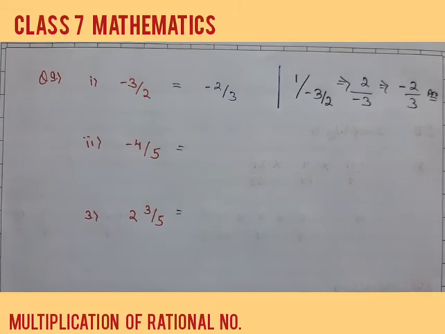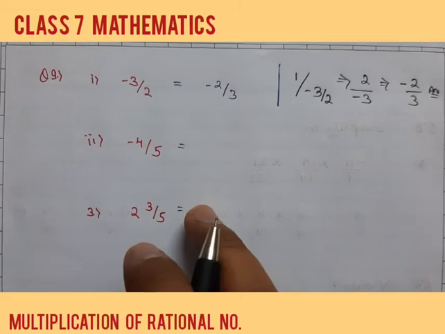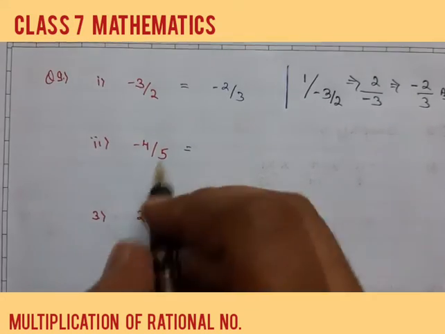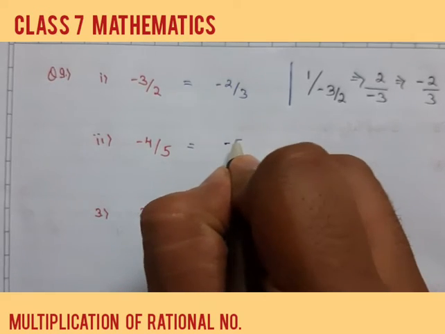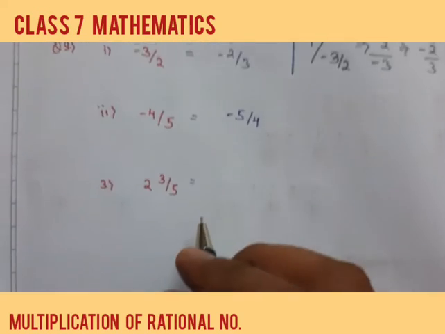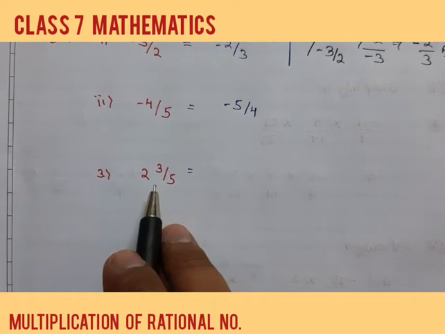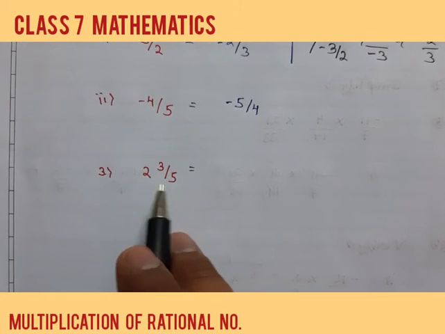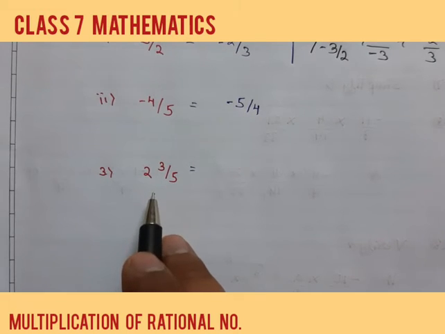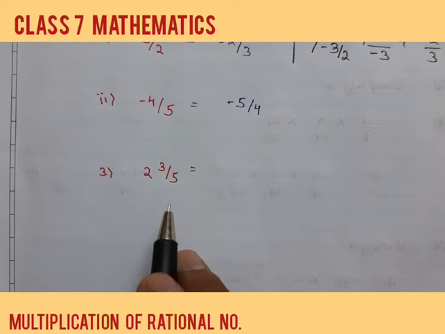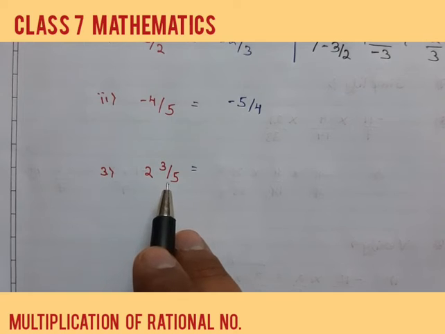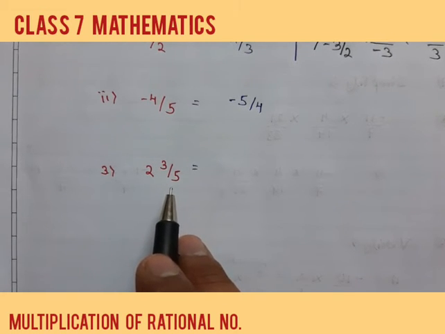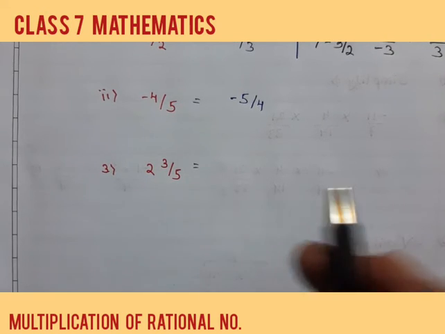Now the second question, minus 4 upon 5. Its reciprocal will be just the opposite, that is minus 5 upon 4. Now this is a question: how will we read it? 2 whole number 3 upon 5, where 2 is known as the integral form and 3 by 5 is known as the fractional form. For solving such questions, first we need to make it a simple rational number, or a normal fractional form.